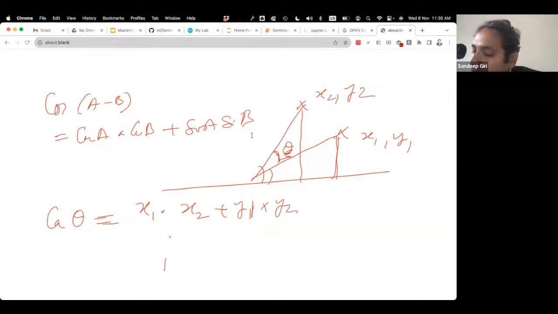When you solve it, remember the definition that we used to have, right?